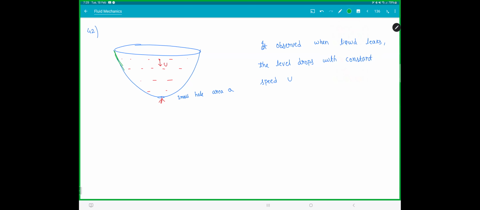So what I want you to find is the equation of the bowl's shape. If this is an integer question, they'll ask you like this: the equation of the bowl, y is proportional to x power n. They'll say find n. That would become an integer question.